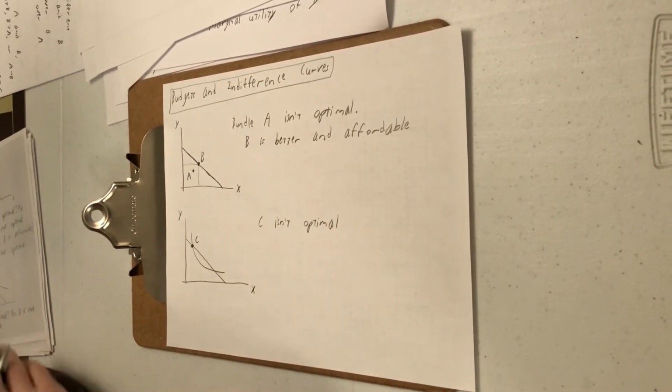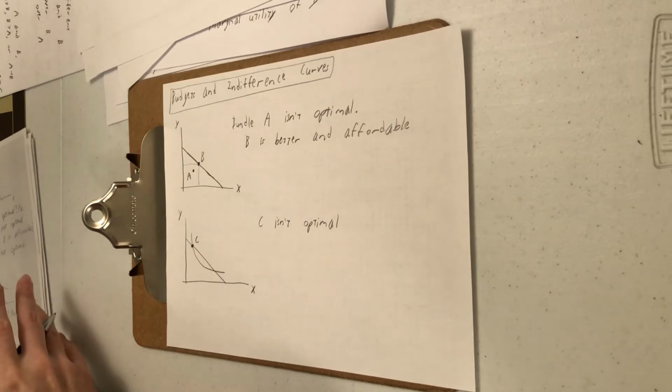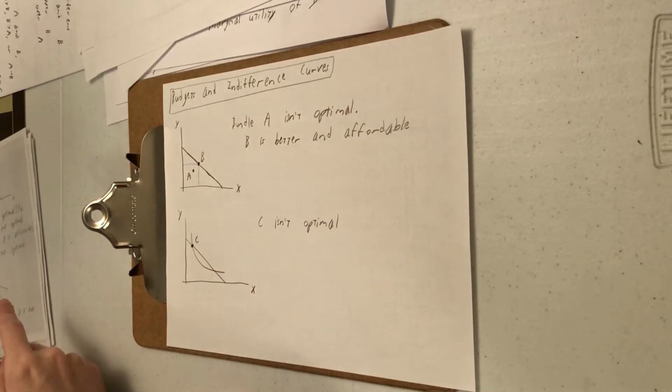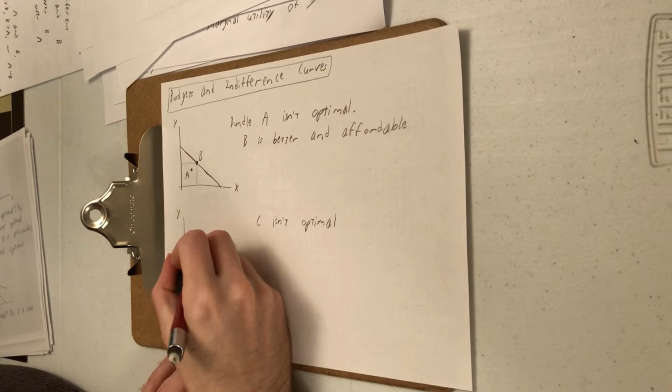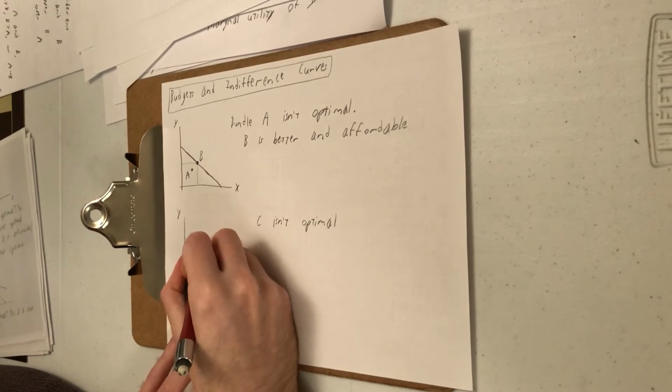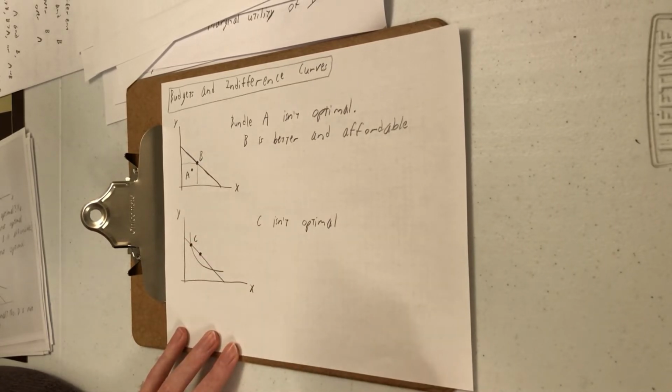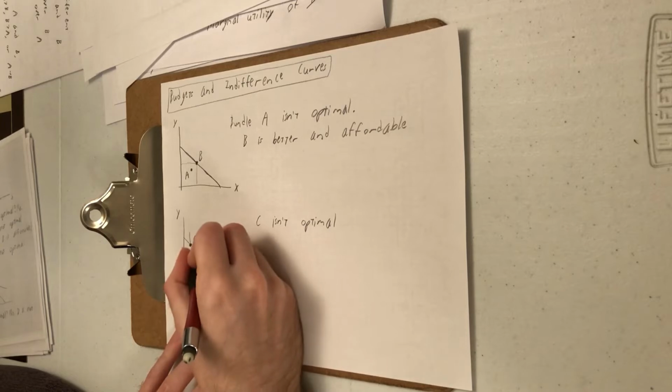To show that C is not the best, I've got to find a bundle that is both better and still affordable. So a bundle like this one, for instance, let's call that one D.